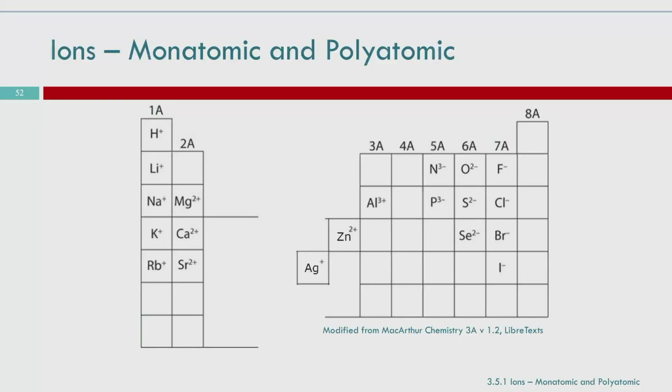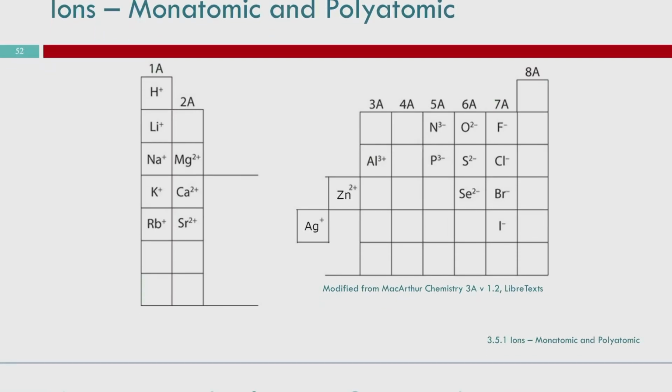The expectation for this class is that you know all of these. It's not really that many to memorize if you know the 1A, 2A, 3A, and you can count from 5A over to getting to this 8A column. Once you get to an advanced level, you see the element, you know exactly what the charge is going to be.